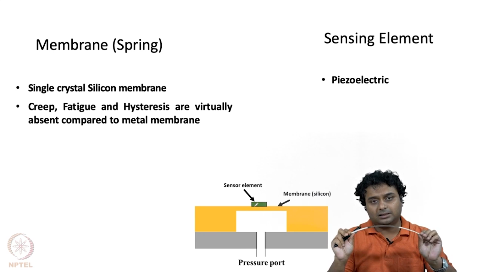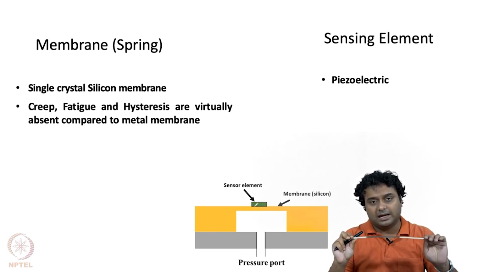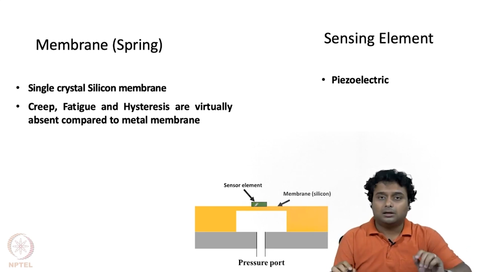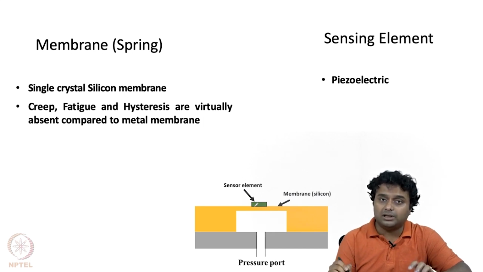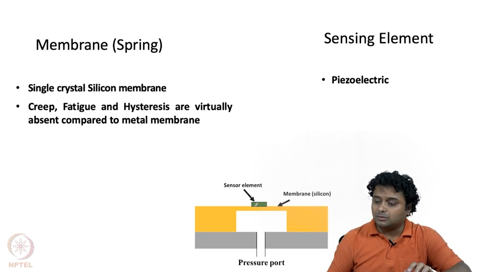Then as we deflect or apply some stress, this piezoelectric material is also under that stress, and this will generate an electric voltage at that element. If we can measure that electric voltage, then accordingly we can measure how much is the deflection and how much is the pressure. So this is one case.